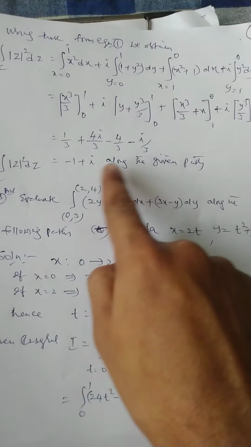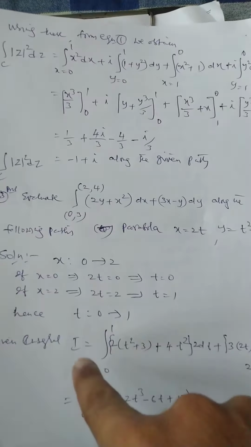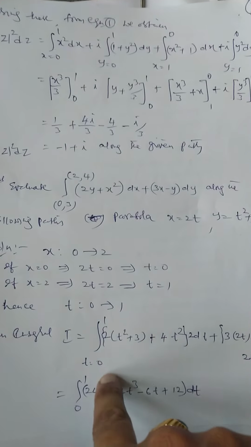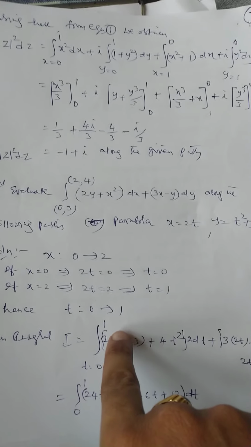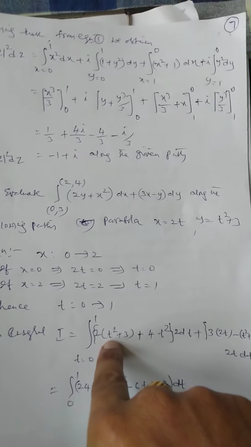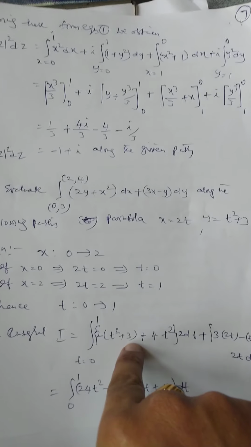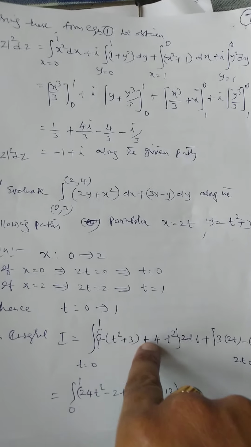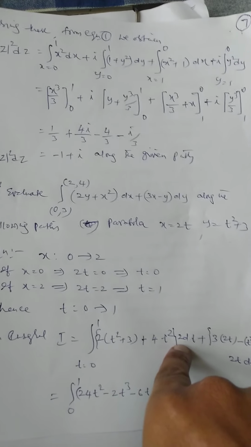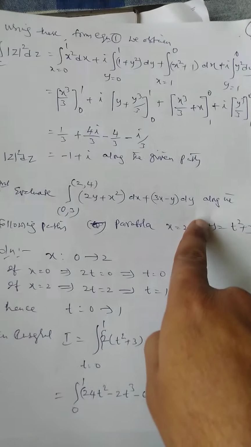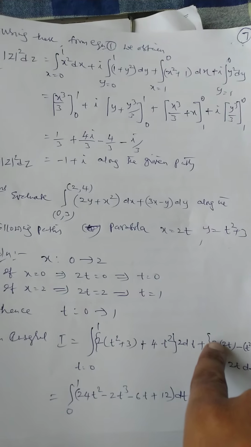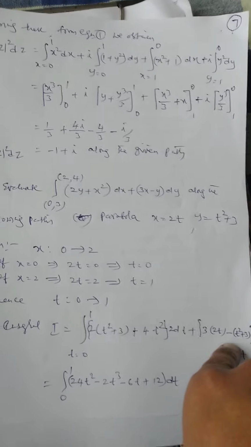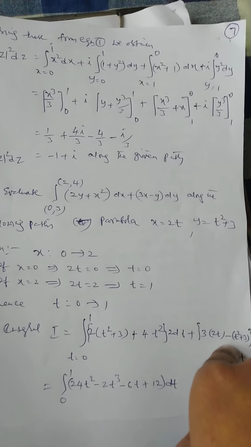With this, let us assume the given integral as I. This whole integral you can consider as I equal to, where t varying from 0 to 1, 2y is nothing but, from the given parametric equation, t square plus 3, plus x square, nothing but 4t square, into dx, nothing but 2 dt, plus 3x, that is 3 into 2t, minus y, nothing but minus of t square plus 3, into dy.